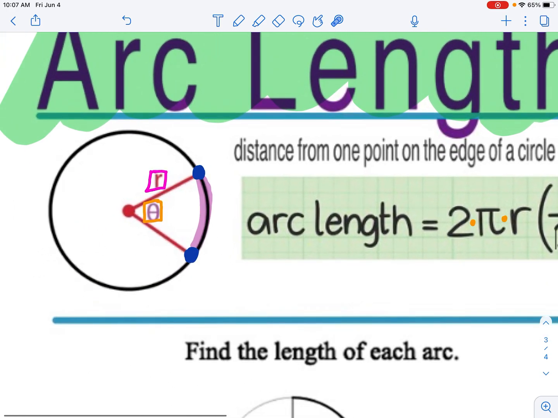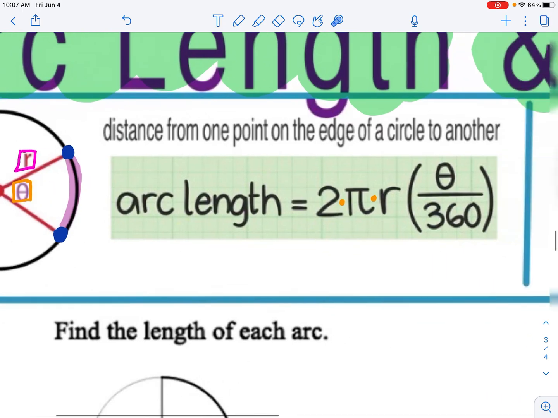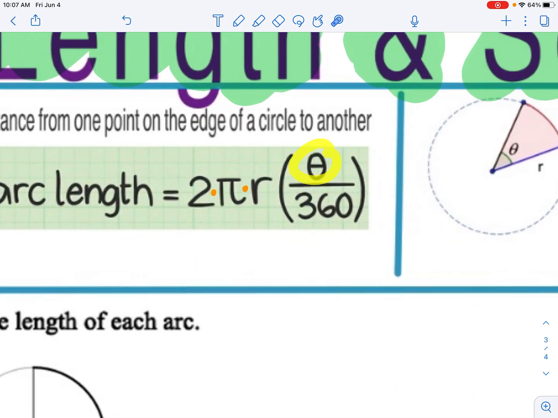Because remember, an entire circle is 360 degrees, but we're only finding part of the circle right here, this part. So we only need a fraction of 360. That's why we multiply the whole thing by theta divided by 360.